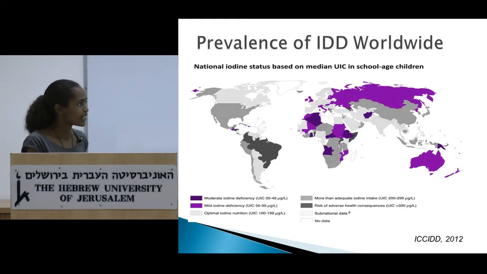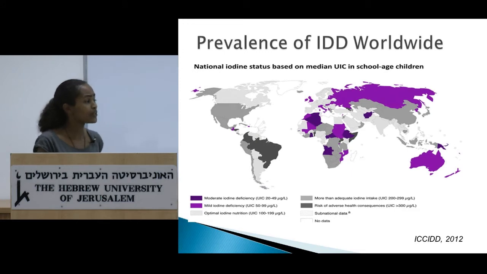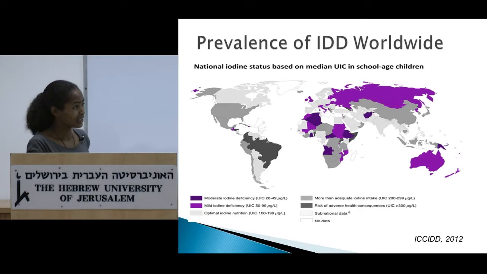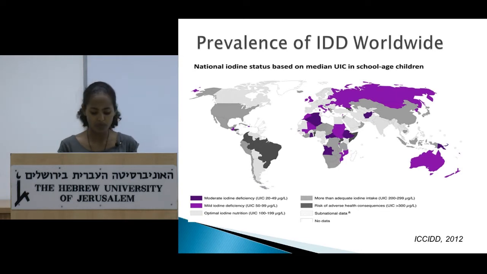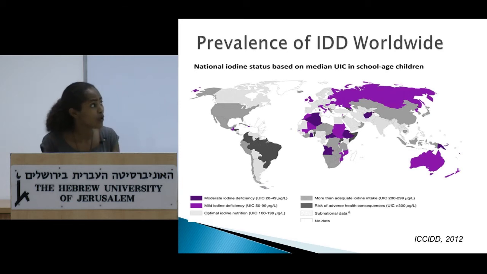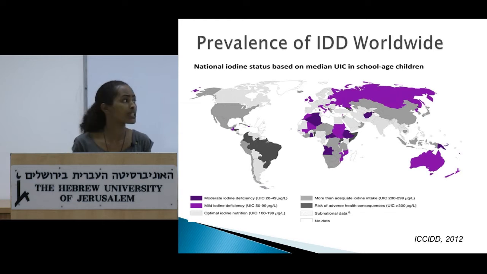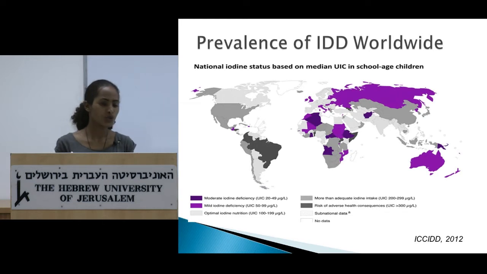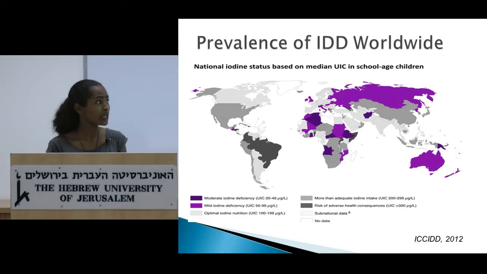Countries indicated in darker purple are those which had moderate iodine deficiency, and countries indicated in light purple have a mild iodine deficiency problem. As we have seen from this map, iodine deficiency is not only a problem of developing countries, but also a challenge for developed countries.